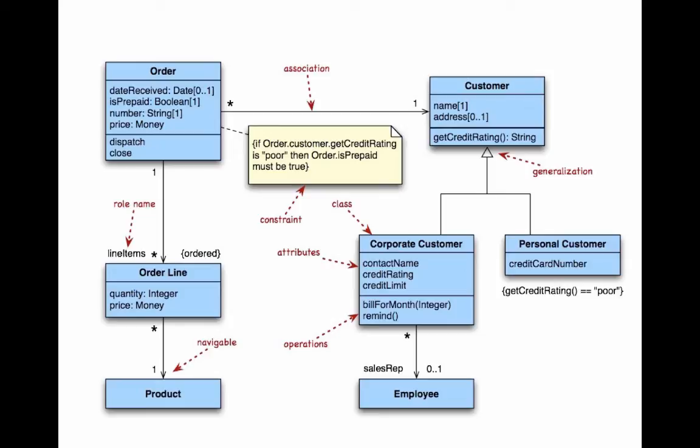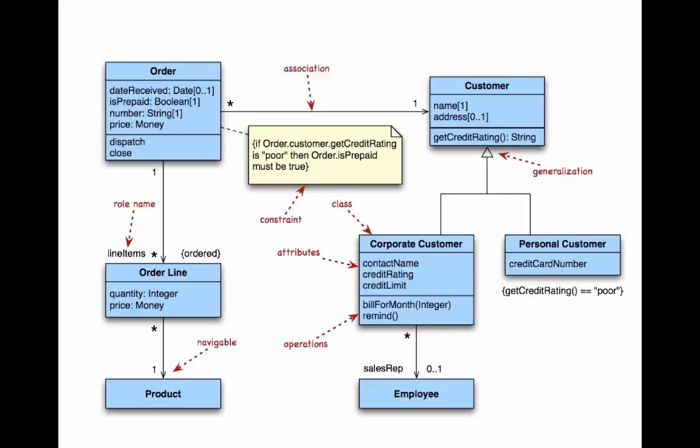Finally, the last thing we need to talk about in this diagram is constraints. Constraints are represented inside of curly braces. We've already seen the constraint saying that the collection of order lines must be ordered. We can see two other constraints in this diagram. The first concerns personal customer. It says that getCreditRating equals poor. The second is a more involved constraint attached to the order class.